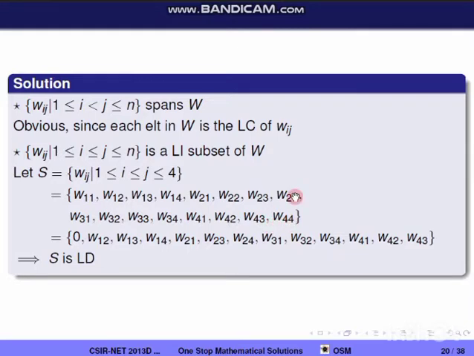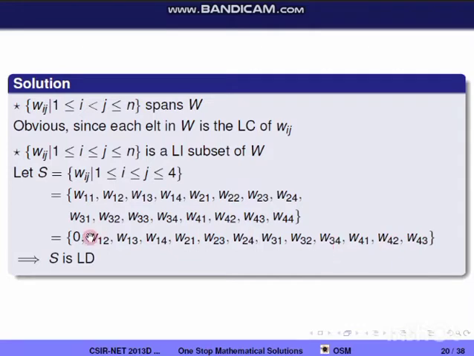We know Wij is defined as Vi minus Vj. Therefore, W11 is equal to V1 minus V1, that is equal to 0, and W22 is also 0, W33 is also 0, W44 is also 0. So this can be written as the set of 0, W12, W13, W14, W21, W23, W24, W31, W32, W34, W41, W42, W43.